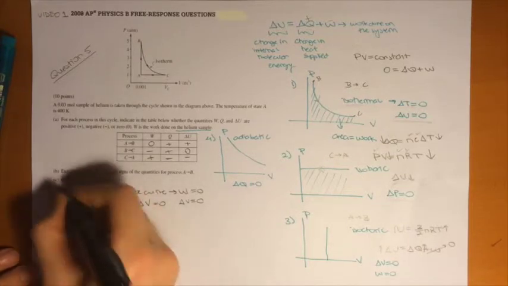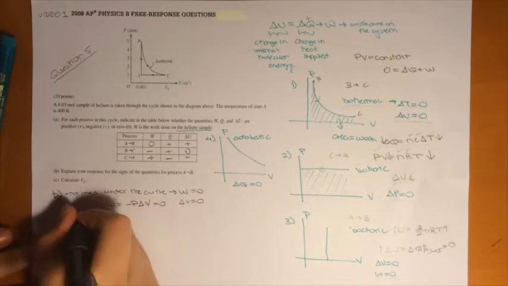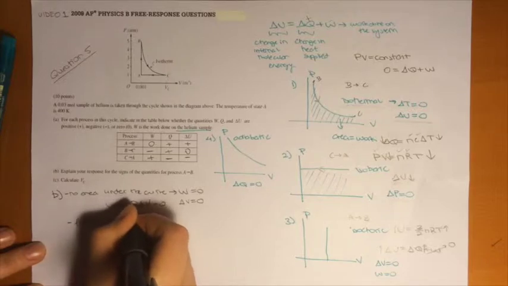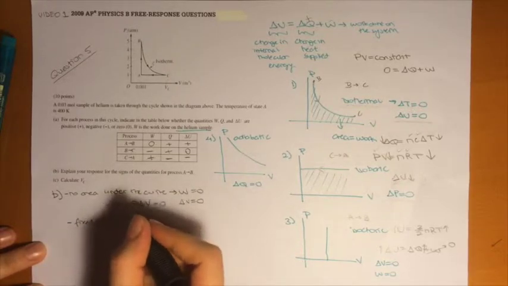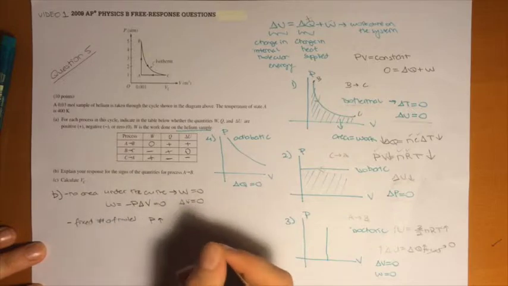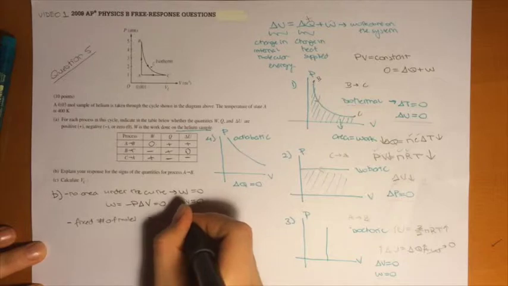So let me just say a fixed number of moles, P increases, V constant.